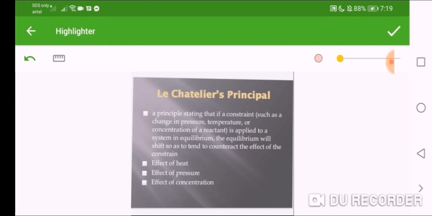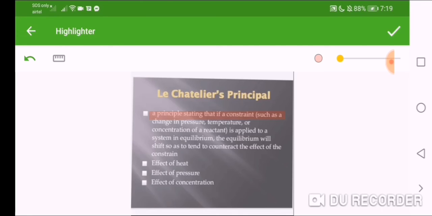In that principle, if any change of pressure, temperature and concentration of a reactant is applied to the system in equilibrium, the equilibrium will shift so as to tend to counteract the effect of the change.